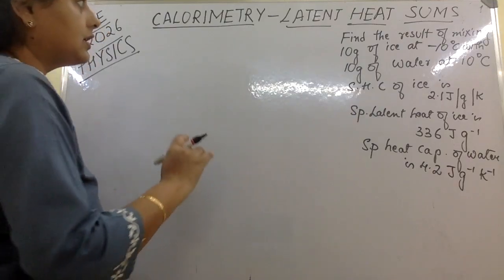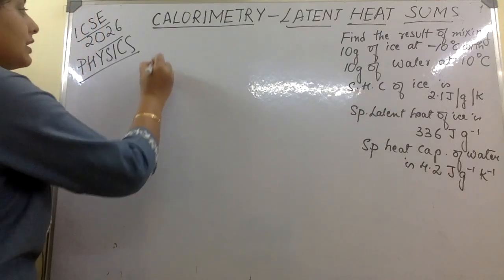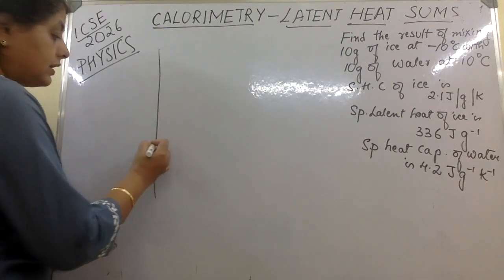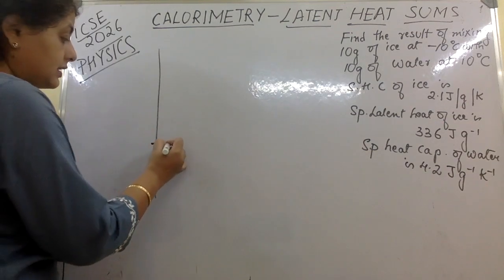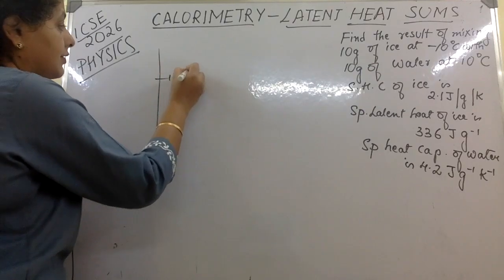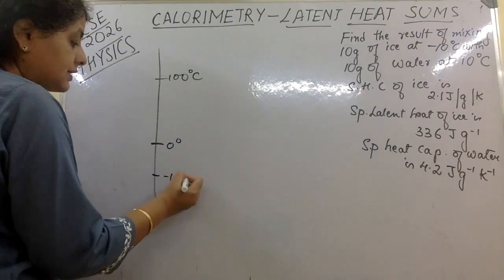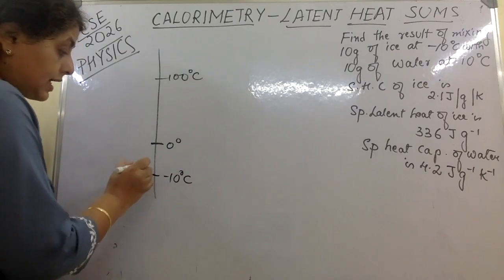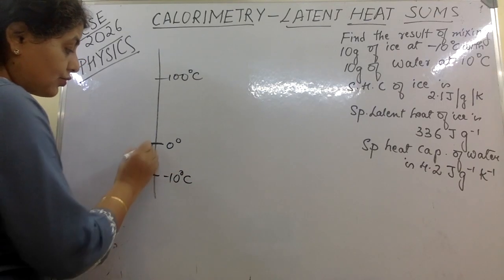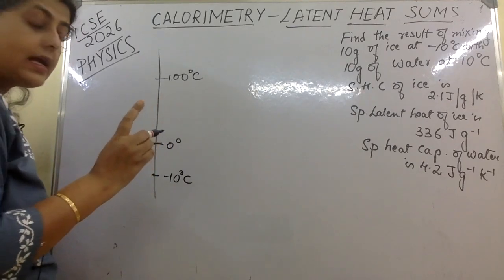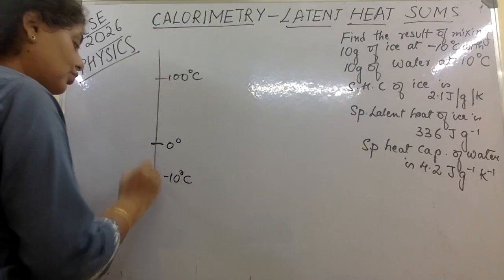That is not very clear with many people. Let's say here you have 0 degree centigrade, here you have 100 degrees centigrade. If ice is here at -10 degrees centigrade, ice has to first get heat to go till 0 degree.